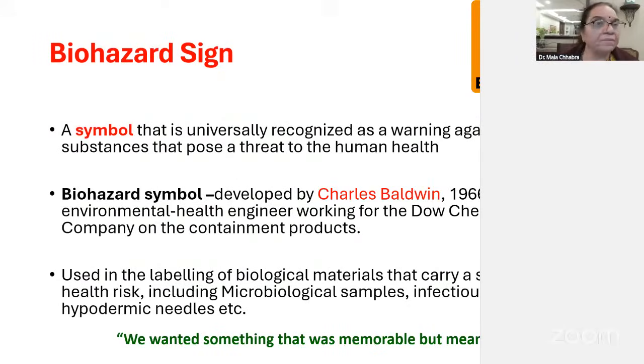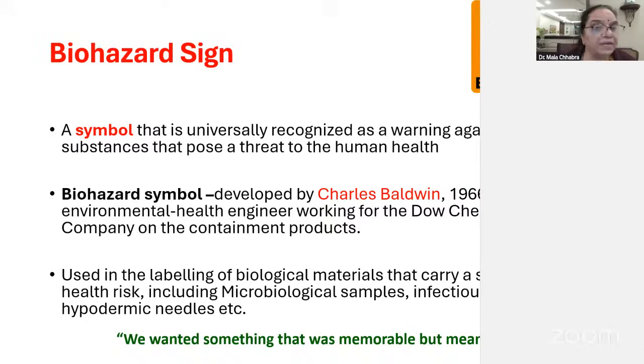Is that clear? Then what is this? This is a biohazard sign that all of us should know. When we see this sign, we should be alarmed. This is a symbol that is universally recognized as a warning against infectious substances that can pose a threat to human health, right? And this biohazard symbol was developed by Charles Baldwin in 1966.